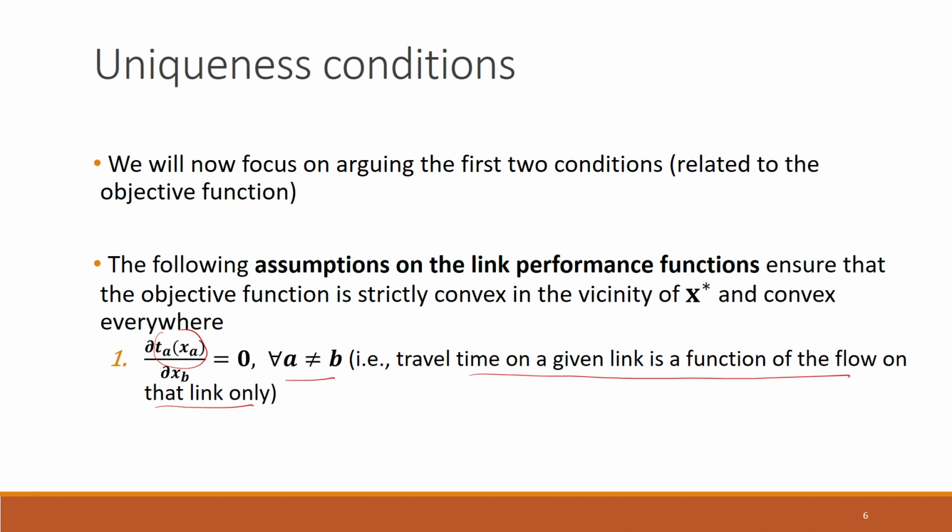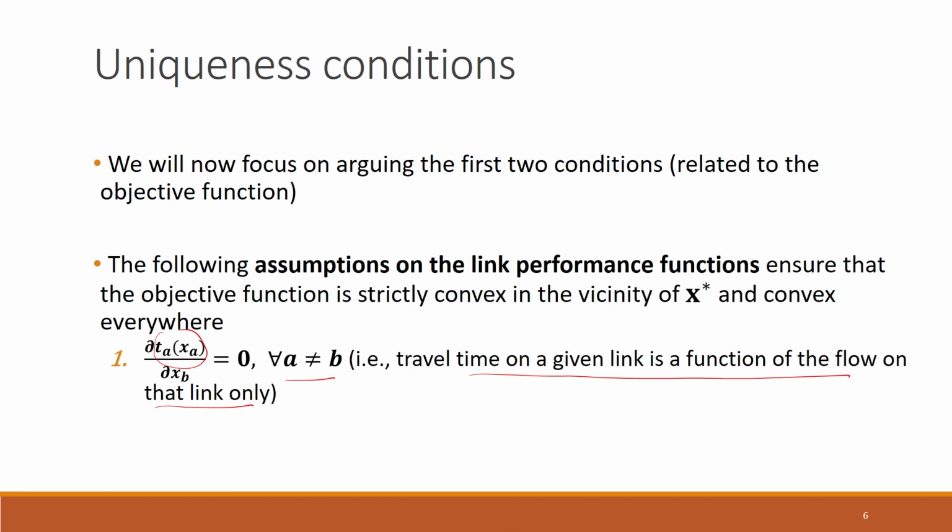So, one might think that this is a very obvious assumption, that why should the travel time on a given link be a function of the flow on other link. The situations where this assumption may not hold is, for example, if you have a road and it has 2 directions.